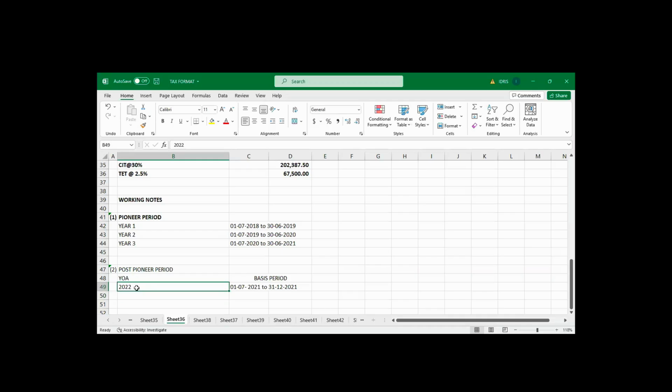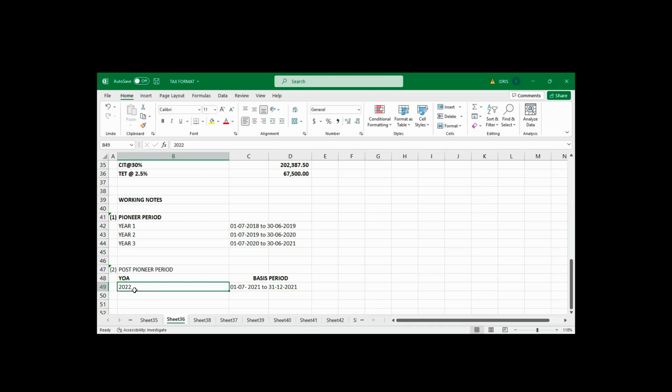Do you agree with me? Preceding year basis. Since this one ends in 2021, this one will be 2022, preceding year basis. Do you understand? Yes, sir.